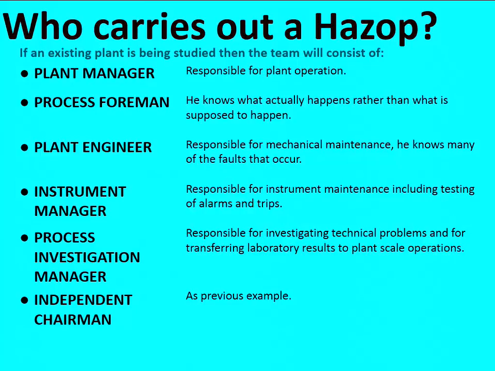So that's quite a useful technique as well. So basically, this is the kind of team that would do a HAZOP where the plant's being renewed. Again, most important person there is the independent chairman.